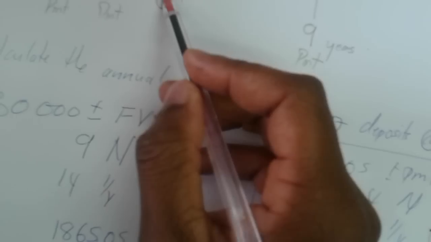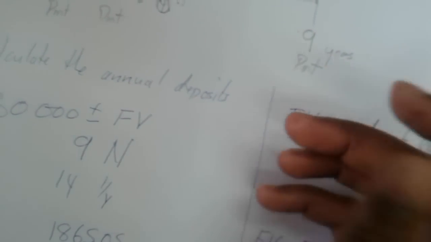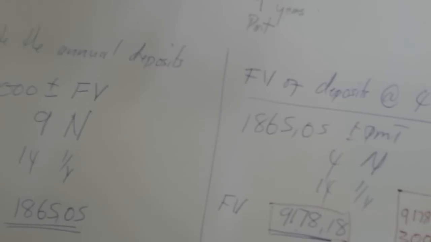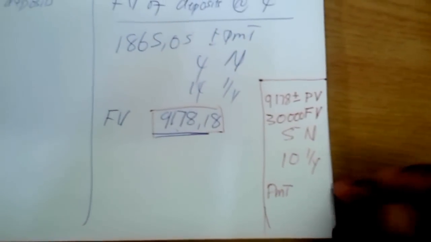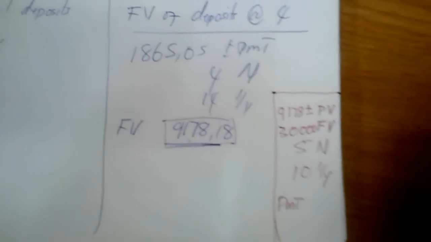We've paid 4 so far. We must pay 5 more, which is 5, 6, 7, 8, and 9. So that is 5. Then your I is now changed to 10%. Then you compute PMT.